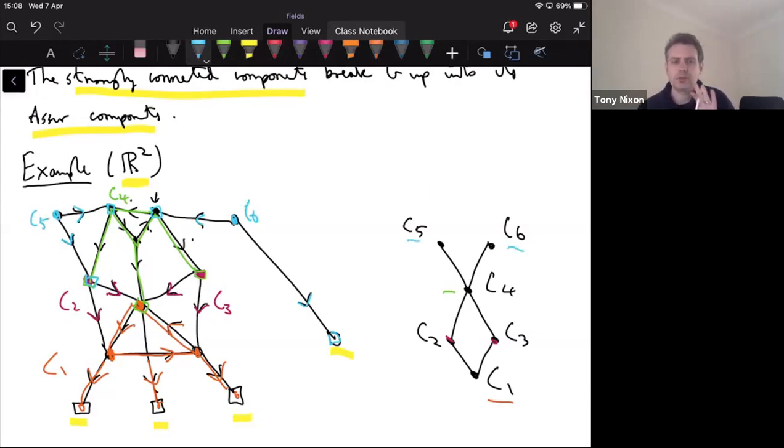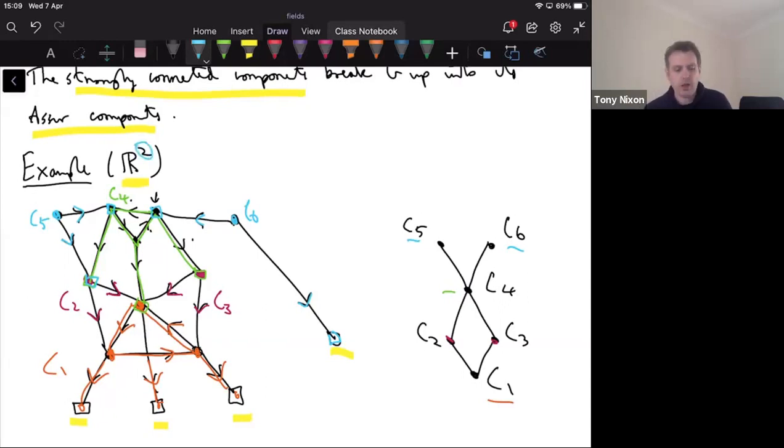Okay, so that's basically the idea of what we did last time, and the theorem we stated said that these components, C1 to C6, are exactly the strongly connected components, and they're also exactly the smallest minimally pinned d-rigid components as you go up. So you want to find the smallest subgraph which contains the pins and is d-rigid itself, and then you continue up.